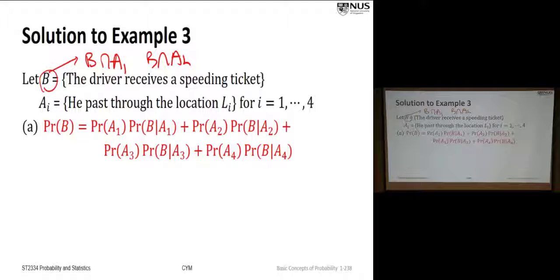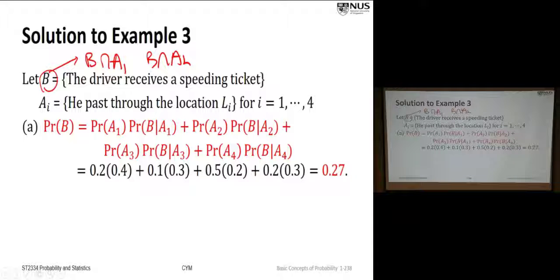I think the description is not quite right. I'm sorry, I have to adjust the description of A1. It's not just passing. It's speeding at that location. All right, sorry about that.